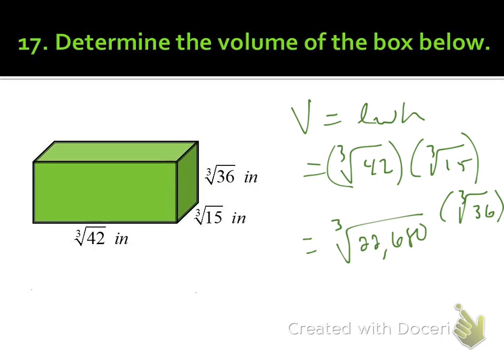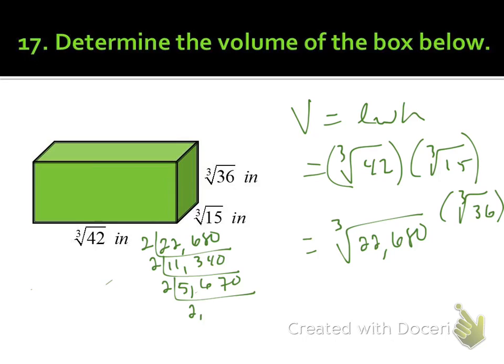So I'm going to come over here and put 22,680 in a box and start factoring. 2 will go into it, 11,340. 2 goes into that, 5,670. 2 goes into that, 2,835. Oh, no more 2.